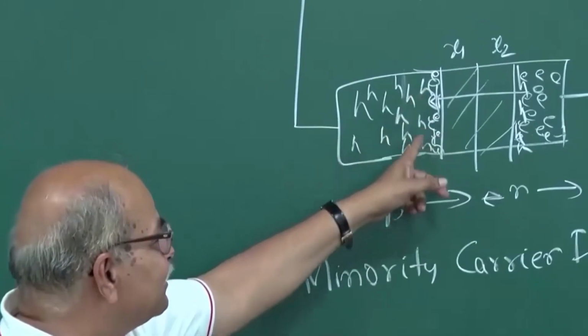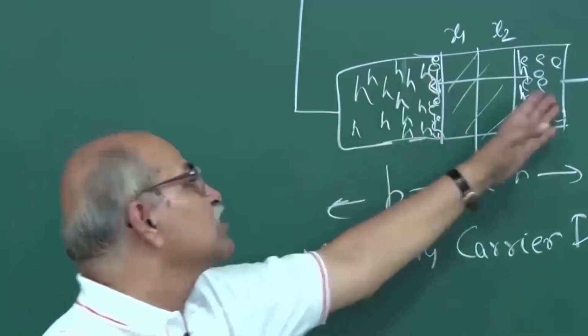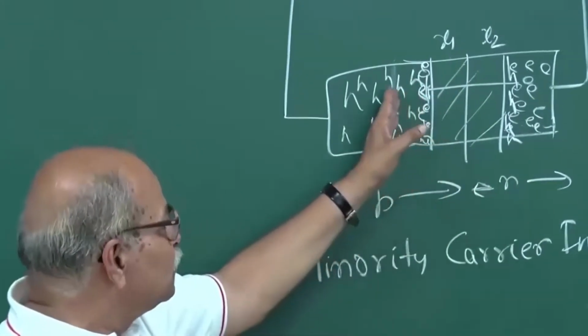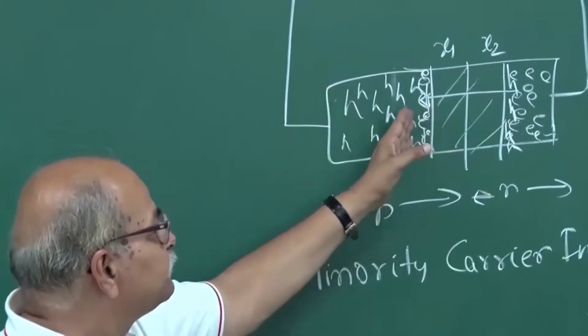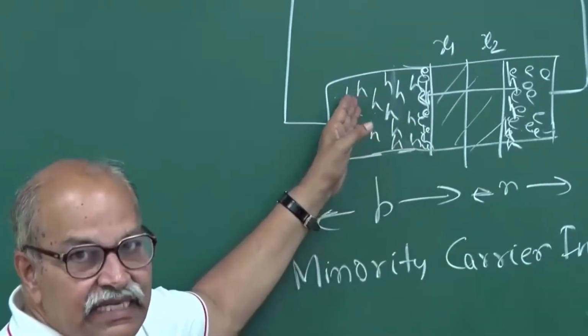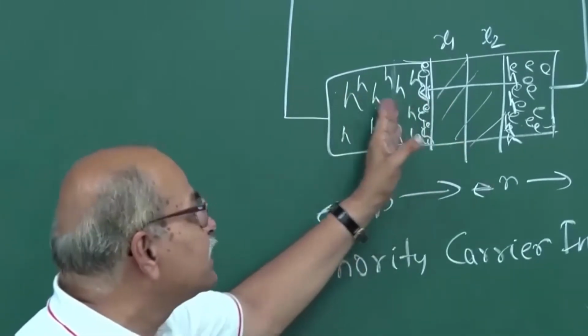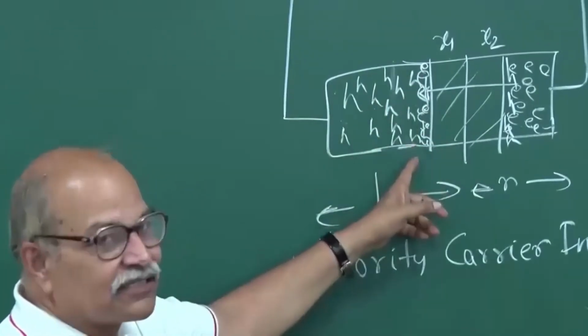So for these electrons, for example, here you have a large concentration because of this diffusion, because of this injection, and as you go away from the depletion region you have very few minority carriers. So you have a concentration gradient once again, and therefore there will be a diffusion of these carriers.